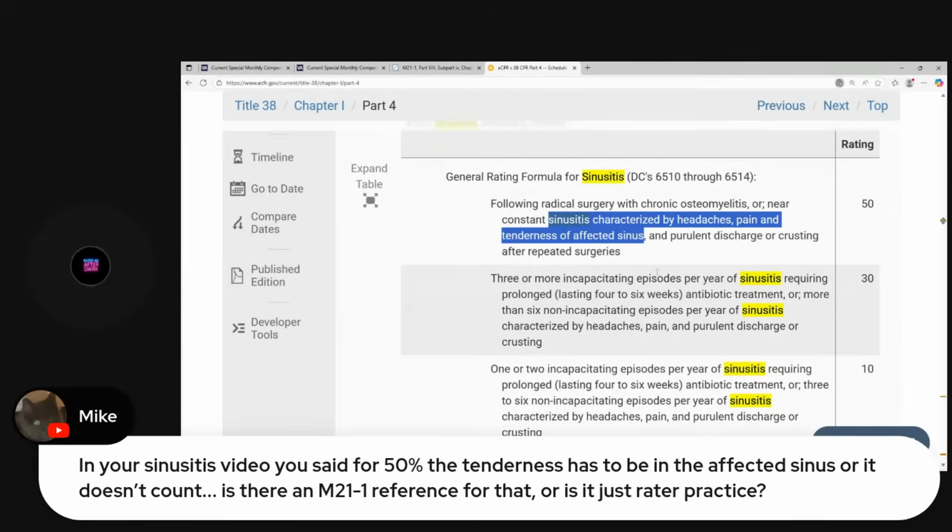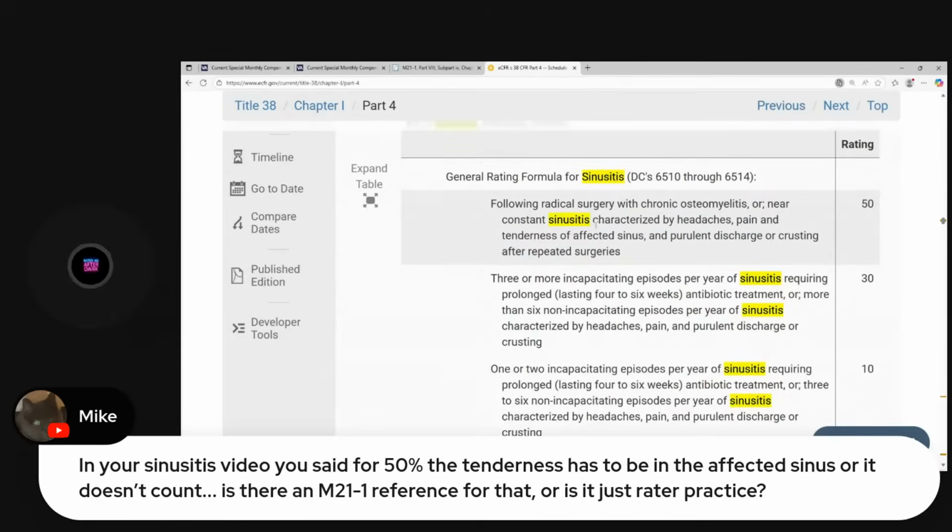So if you have tenderness in, say, the frontal sinus, but that's not the one that the examiner said is the one they're giving you credit for, then it's a minor thing, but it could technically cause the DBQ to have to go back to be clarified.